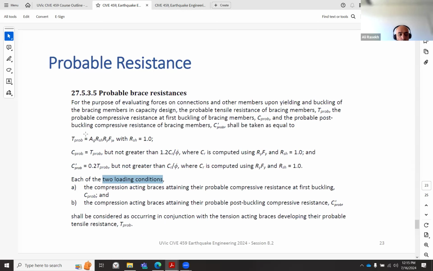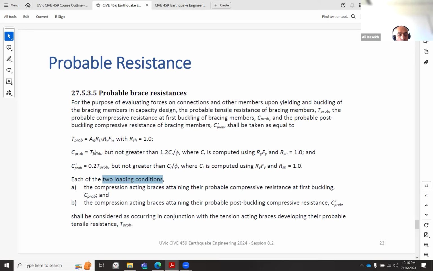Tension probable is almost the same concept as tension for design. The only change is that we increase Fy to Ry multiplied by Fy. So we use an increased value of yielding.